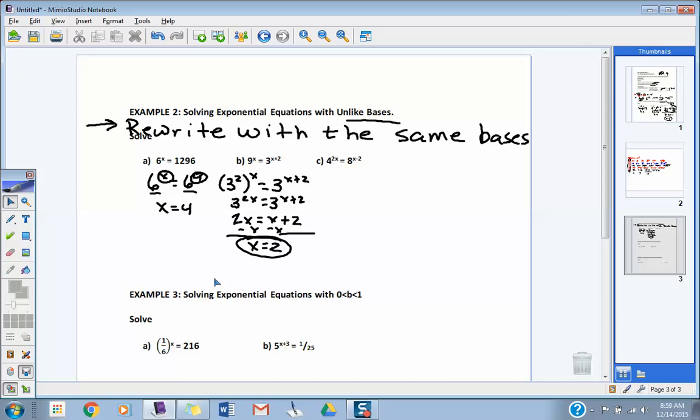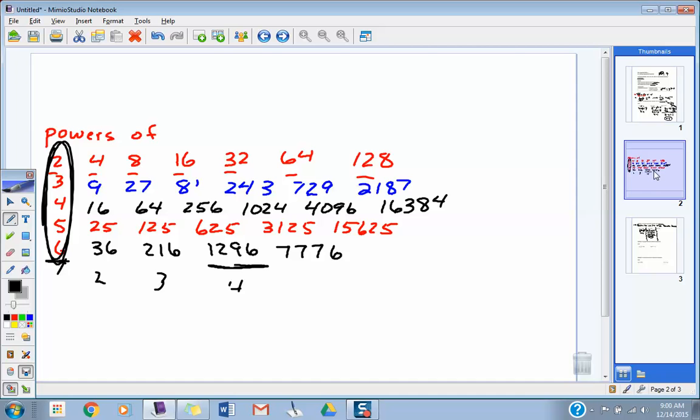All right, kiddos, let's look at this third example right here. Guys, in part C, base is the same or base is different? They're different, right? Base of 4 and base of 8. Look at your chart at the top of the notes. Find me a row where 4 and 8 exist. The top one.